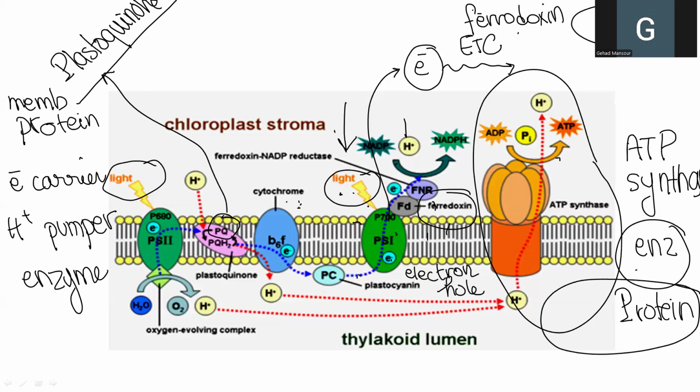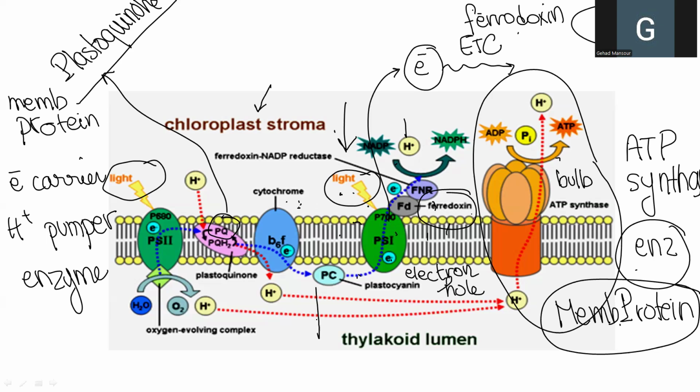And as you can see in the picture, it is a cell membrane protein. And it has a very specific shape. It is bulb-shaped on the side of the chloroplast stroma. It looks like a bulb, okay? But at the same time, it can rotate, okay? So how can it generate ATP? Actually, let's go back for a while.